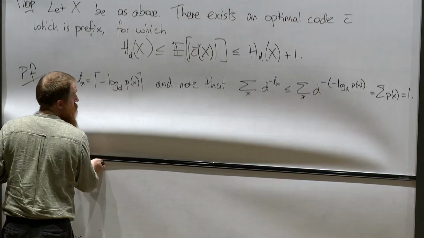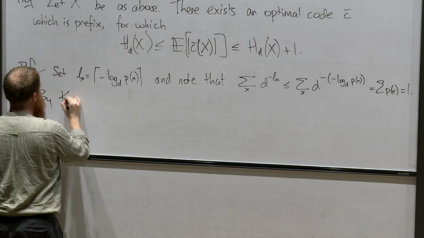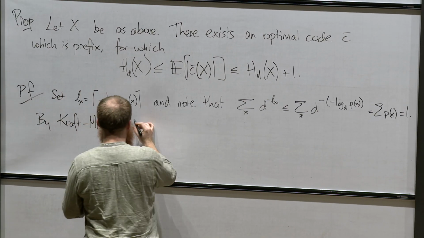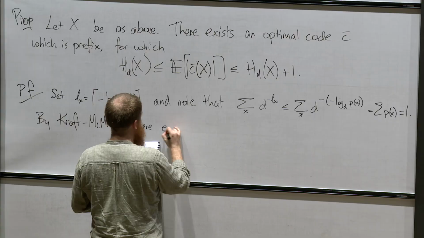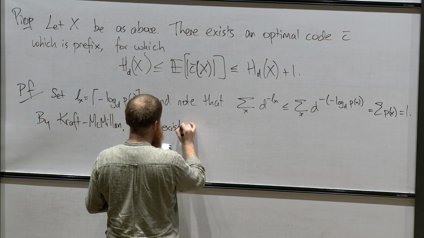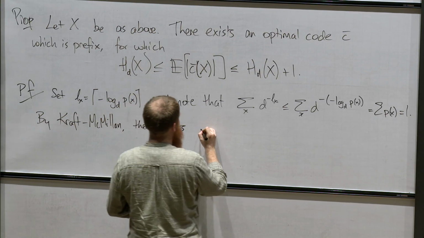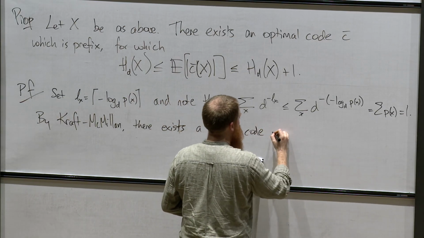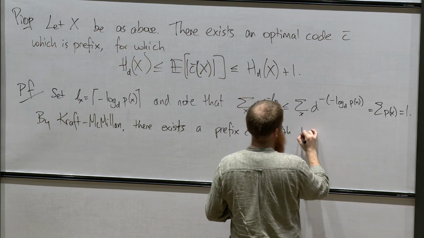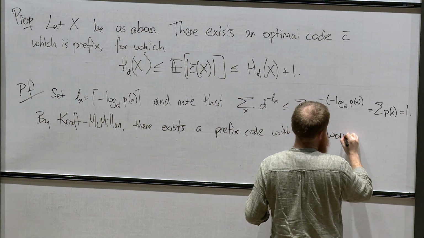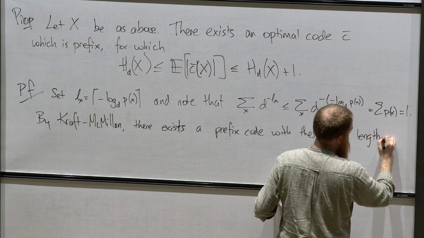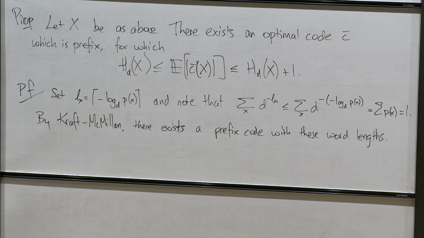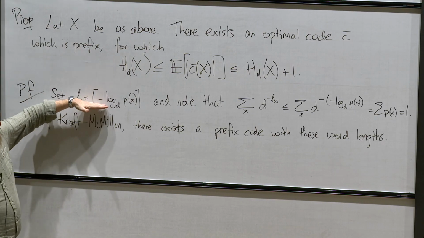Okay. By Kraft-Macmillan, there exists a prefix code with these word lengths. Now, I'm not saying that Kraft-Macmillan gives me an optimal one, but Kraft-Macmillan tells me there is a code with these word lengths.